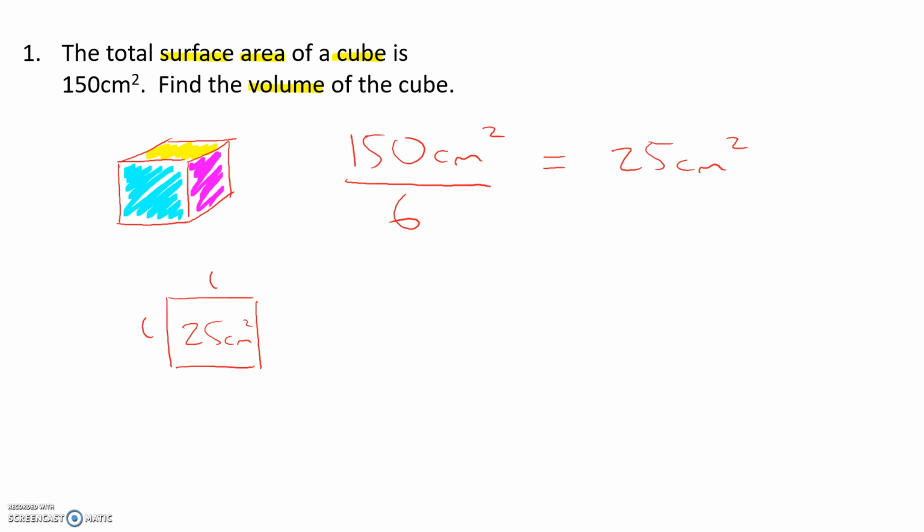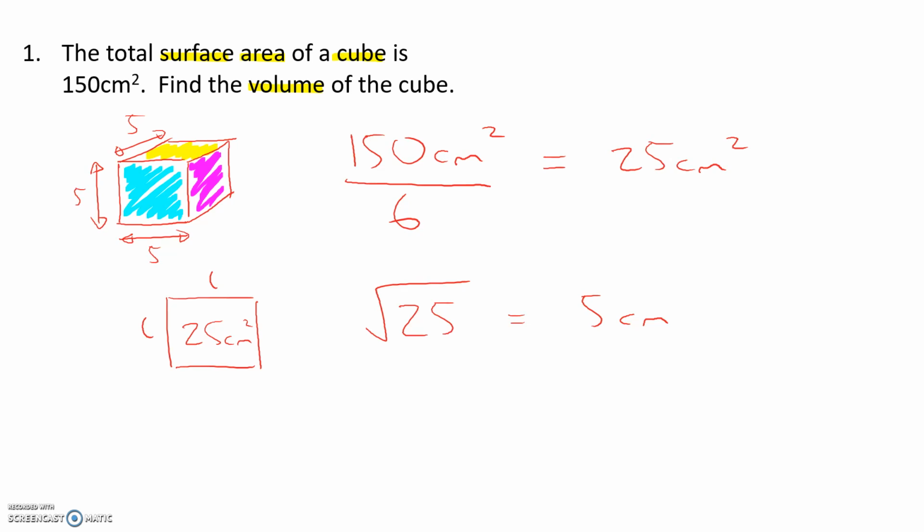In other words, if we found out the square root of 25, or what number times by itself makes 25, that's going to tell us the side length. So I think the square root of 25 is 5, so 5 centimetres must be our side length in this cube. So we've got 5, and because it's a cube, we've got 5 there and we've got 5 there. So that's the key. We've found out the side length.